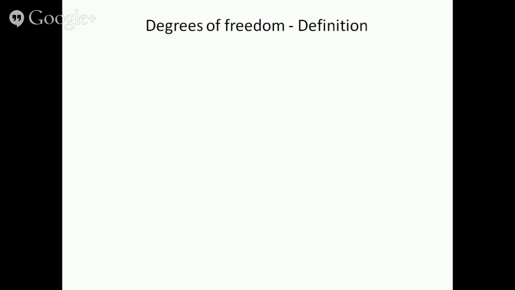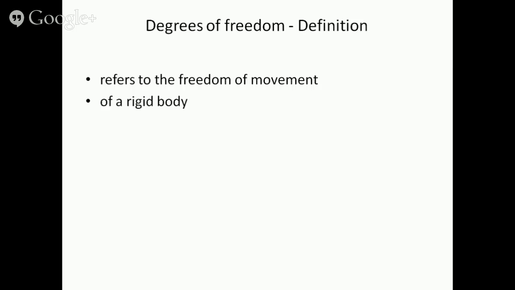Degrees of freedom means the number of axes. Actually, it refers to the freedom of movement of a rigid body in a three-dimensional space.